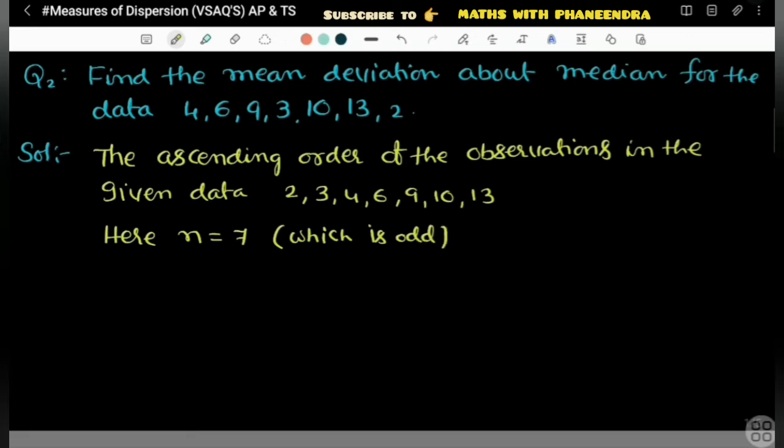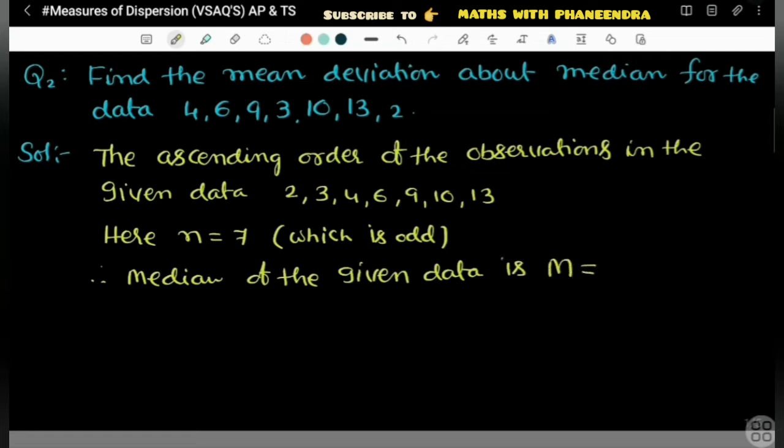Whenever the number of observations is odd, the median of the given data, represented by capital M, is the (n plus 1) by 2th term.